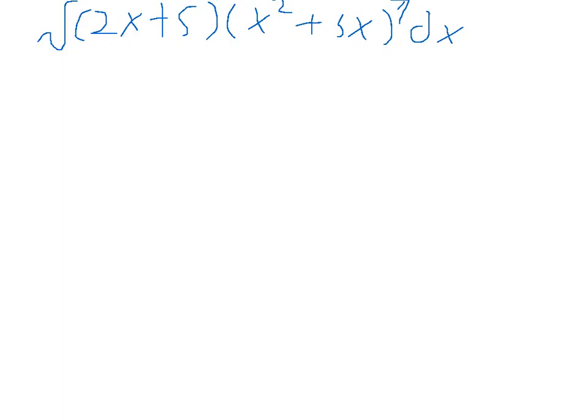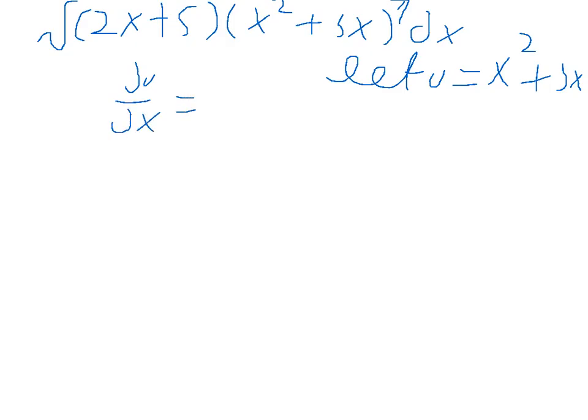First you have to find u, and since u is almost always g, we're going to let u equal x squared plus 5x. That means du over dx equals 2x plus 5, that's g prime, which is actually given to us here.